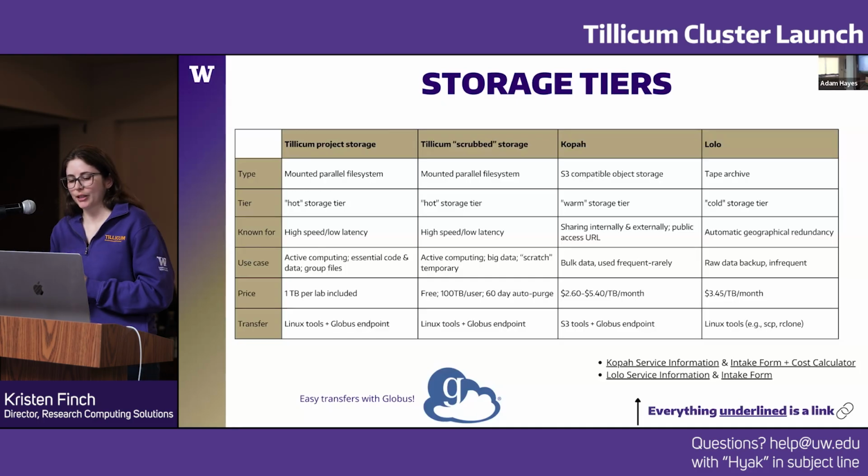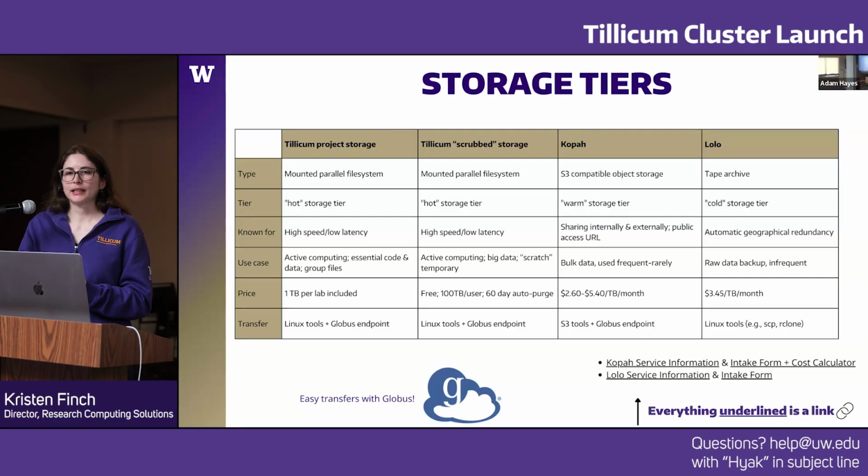COPA is our S3 storage service. We call this our warm tier. We have bulk plans and a quota-by-quota or month-by-month plan, which allows for some flexible storage. And then we also have our Lolo tape archive, which is a geographically redundant backup storage solution that we bring to you here in UWIT as well.